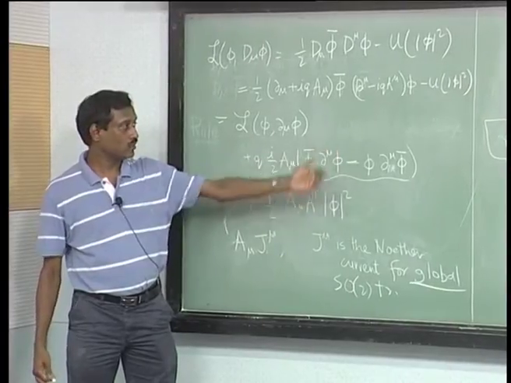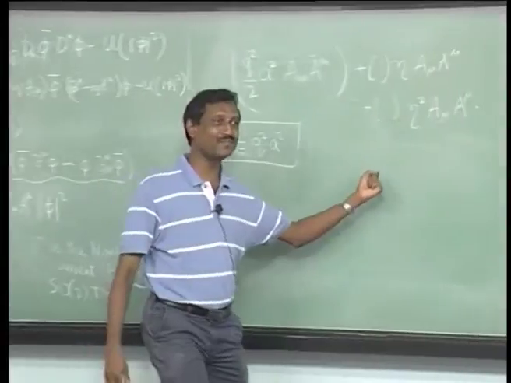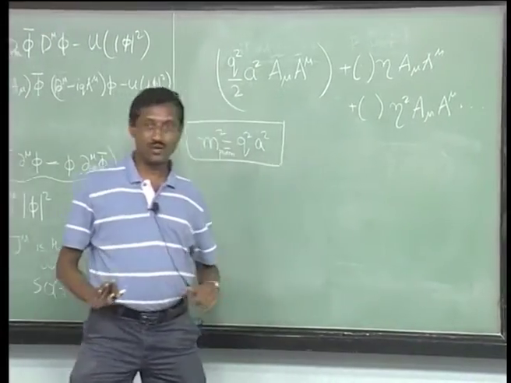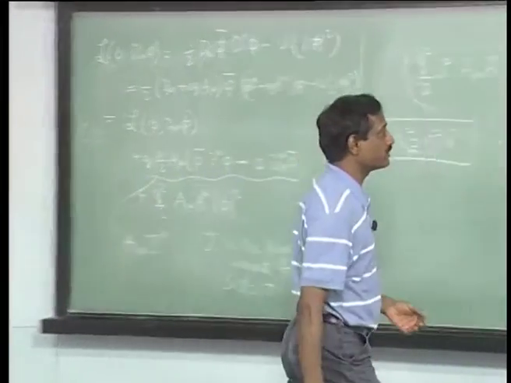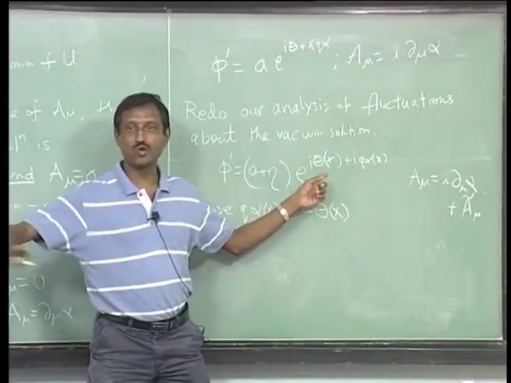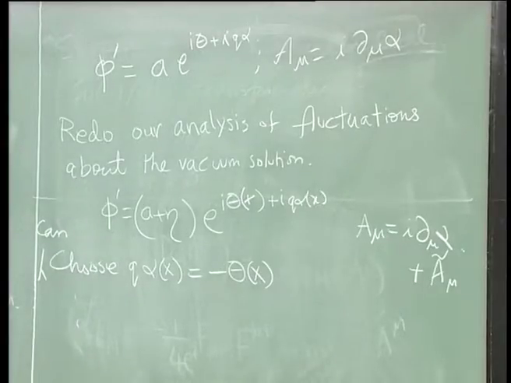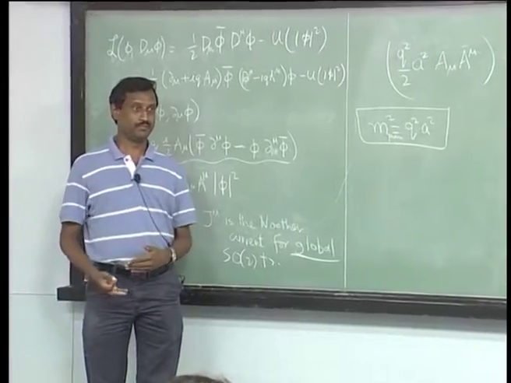In other words, if you have spontaneous symmetry breaking in the presence of a local gauge symmetry, the result is somewhat different. Originally what did we have? We had a massless fluctuation associated with this field theta of x, but now theta has disappeared, and it shows up as a mass for the gauge field, which was not possible before.